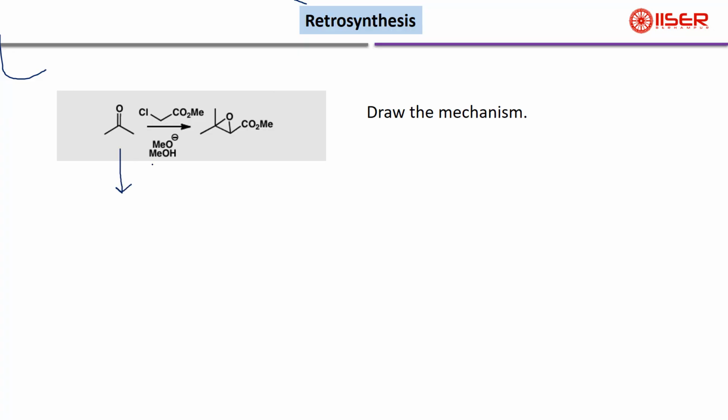So if you add methoxide and methanol, it will take a proton from here, and that will attack this alpha chloroester and chlorine.